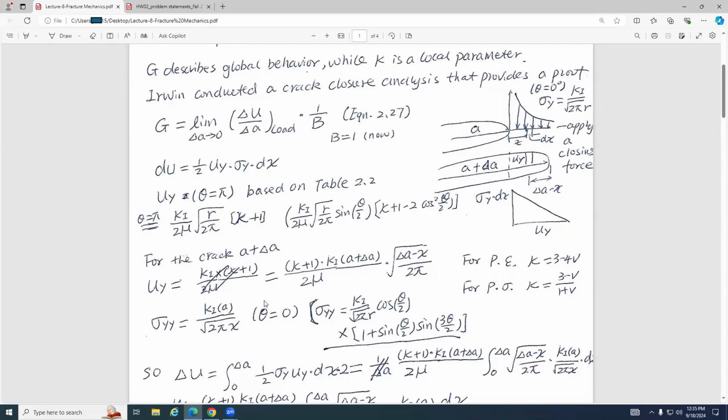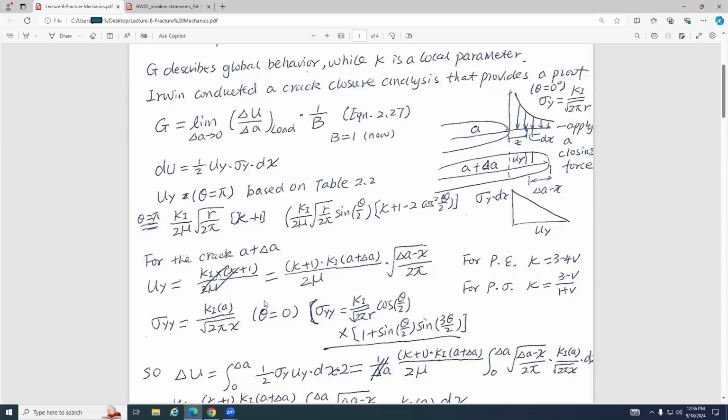Suppose we have this crack already, and I want you to apply a certain amount of energy to close this part. You understand, guys? So Professor Irwin just saw this problem from the inverse direction. You understand?